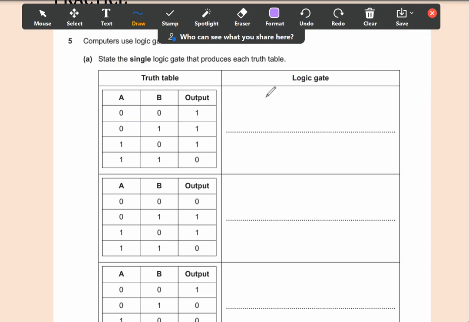Okay, how about the NOR gate? Let's try NOR gate. For NOR gate again, just simply get first the OR gate, and whatever the opposite of the output of the OR gate, that's the NOR gate. So if we have 0 plus 0 here, that's 0, it must have 1 for the NOR gate. We have the correct answer here. Next one, we have 0 plus 1 for that one.